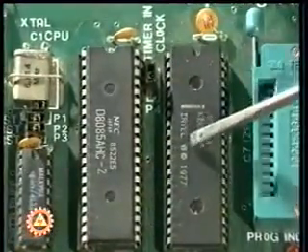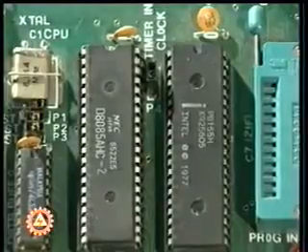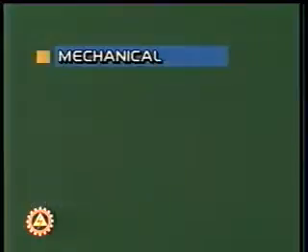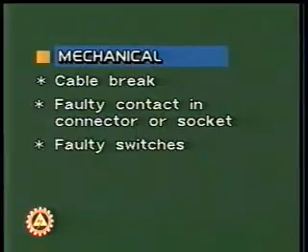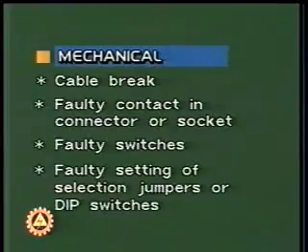A defective LSI chip on a PCB is of course a very common cause of system malfunction. Mechanical problems may be caused by cable break, faulty contact in connector or socket, faulty switches, and faulty setting or selection of jumpers or DIP switches.